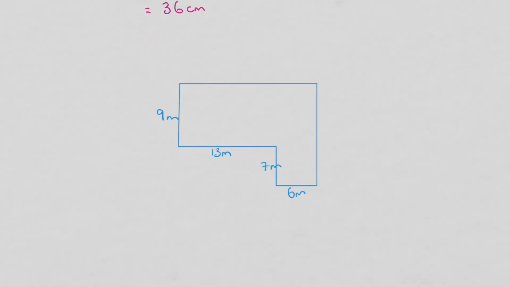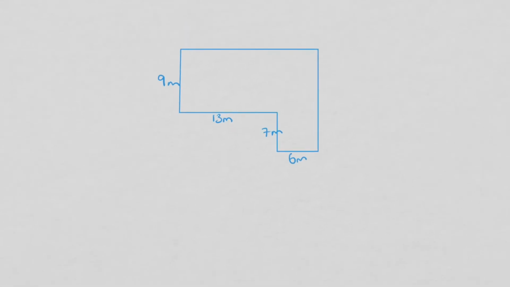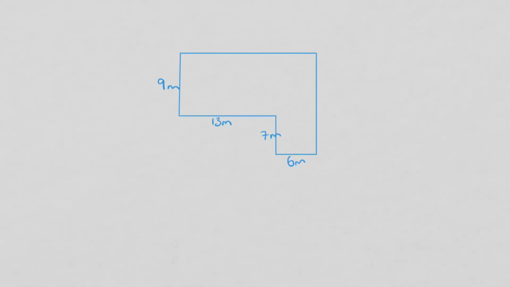Okay, this one, we're going to do quite quickly, so I'm not going to bother moving the lines around this time. So to start with, we've got a line along there which is the same length as these two lines put together. Okay, those two lines put together make 19 metres. So for a perimeter, we've got 2 lots of 19.